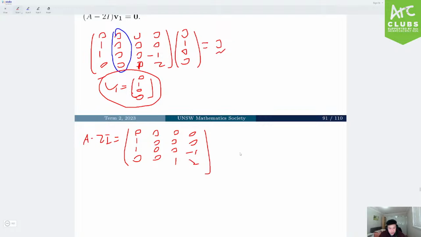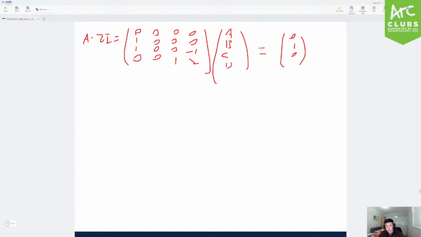And we want, if we multiply by some vector v2, say a, b, c, d, for this to equal v1, which is 0, 1, 0, 0.